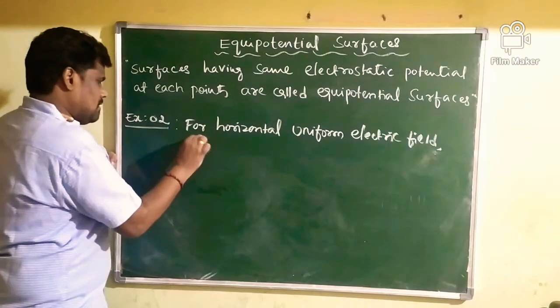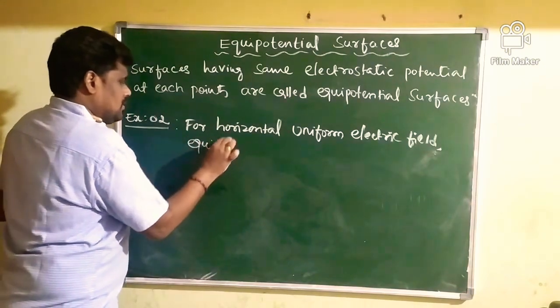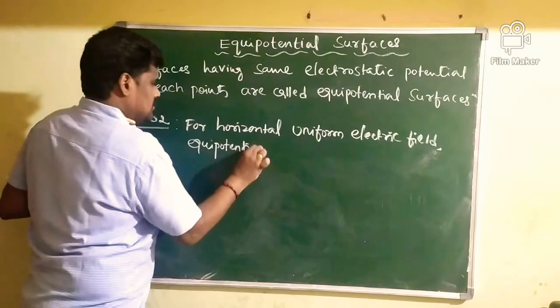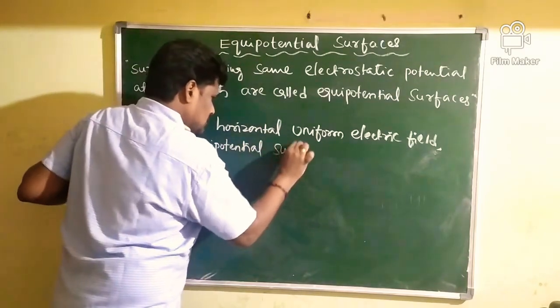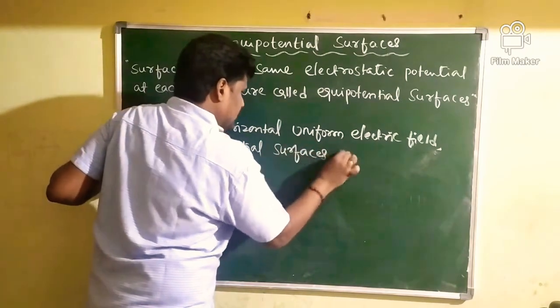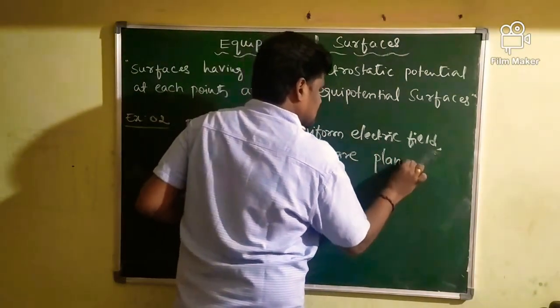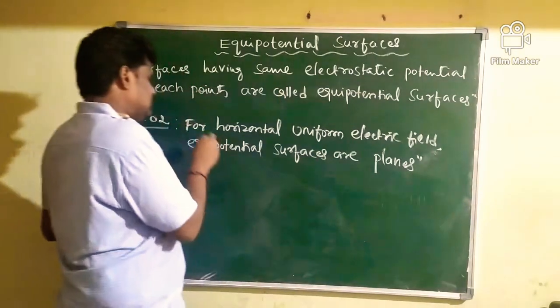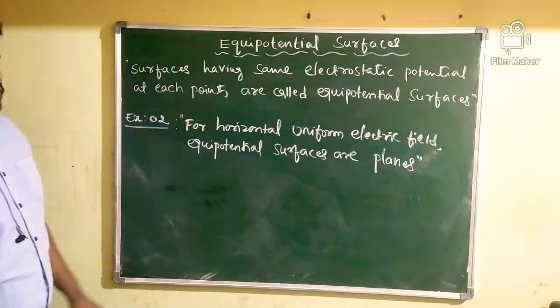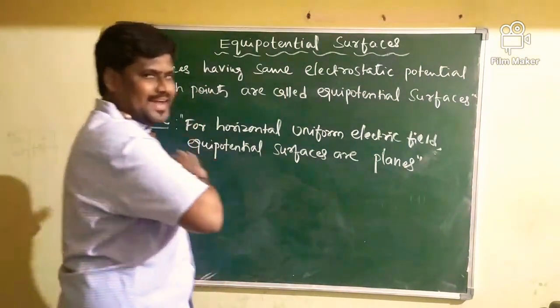Equipotential surfaces are planes, and those planes will be perpendicular to the direction of what? Electric field.